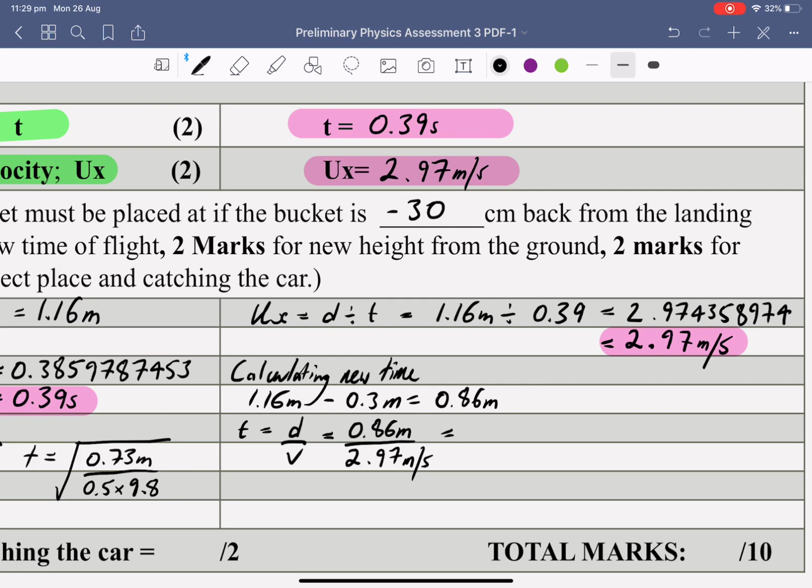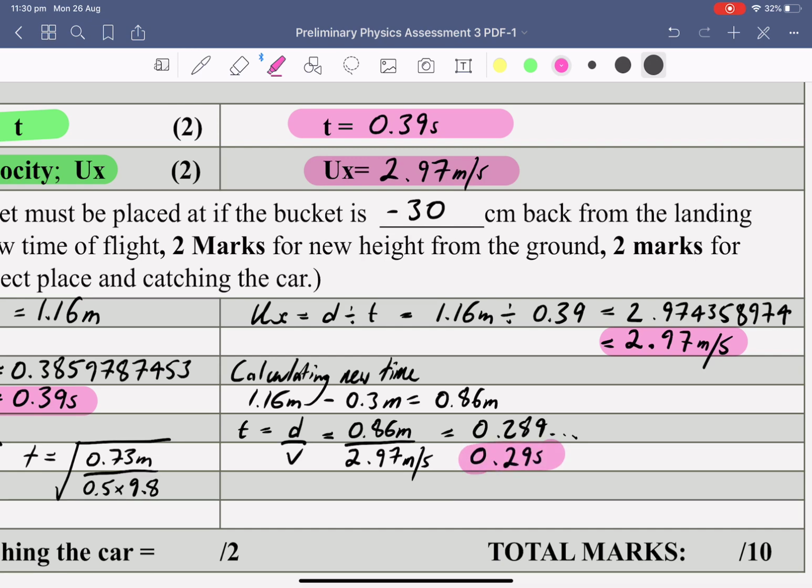Put that in our calculator, and our new time there is 0.289 and so on, which will round to 0.29 seconds. So that is our new time.